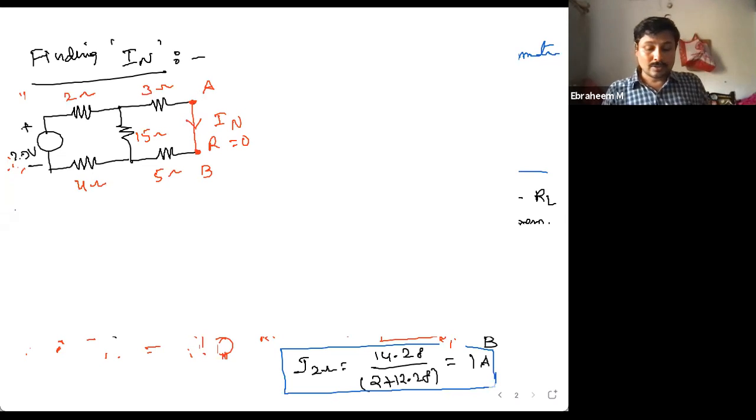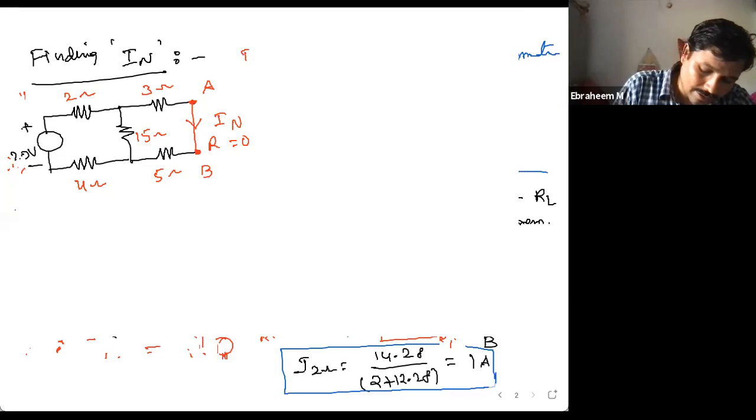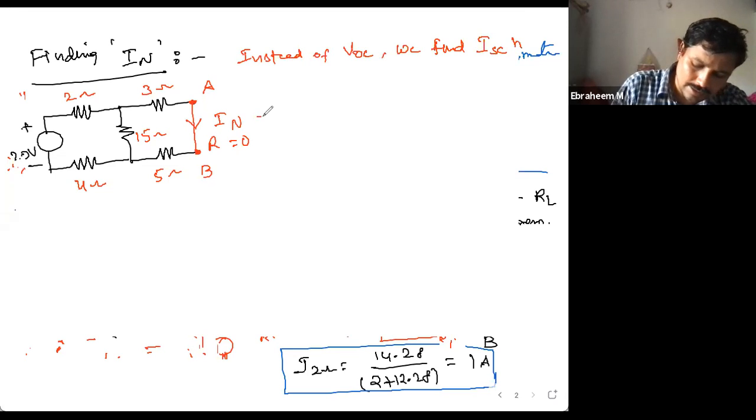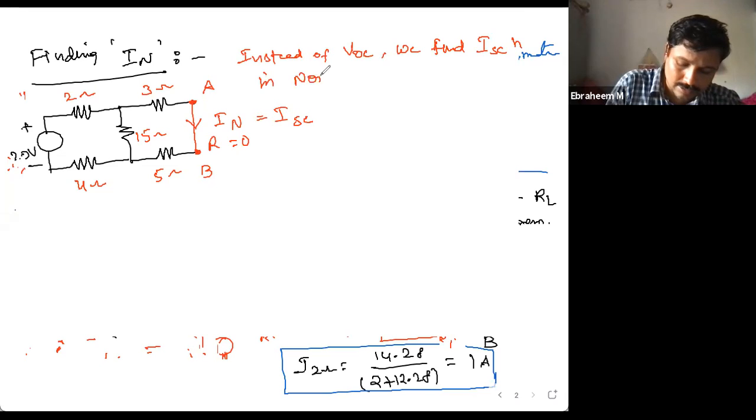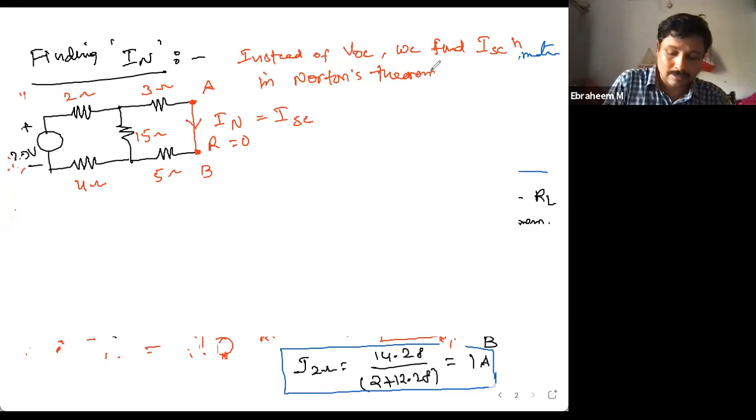Previously we used to find out VOC, instead of VOC we find ISC here. ISC is nothing but I Norton's, ISC here in Norton's theorem. So how to find it?